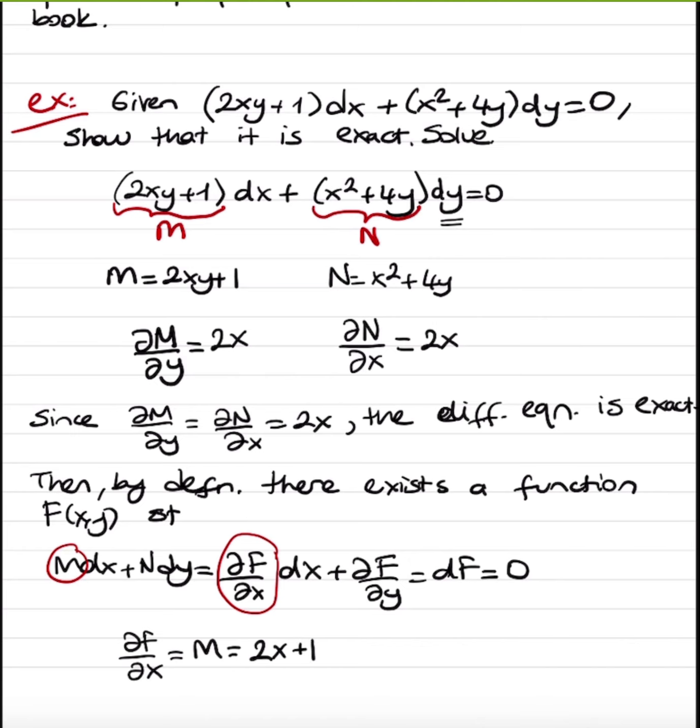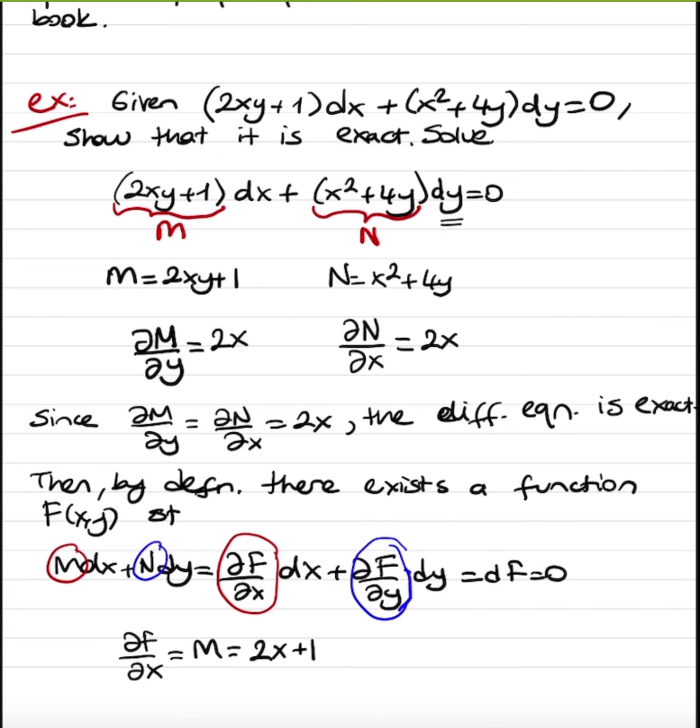And we should have ∂f/∂y also. Sorry about that, I forgot to write dy here. So M dx plus N dy is equal to df is equal to 0.